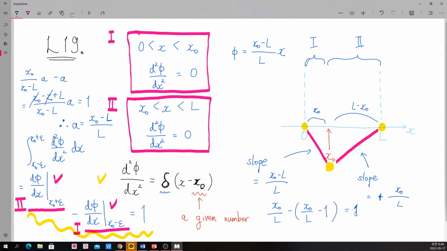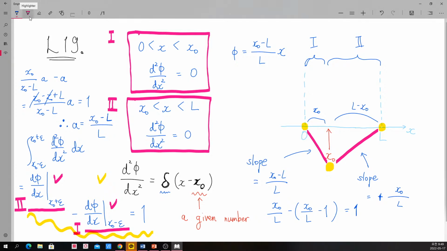Good. So it simply means that this function really satisfies the Poisson equation integrated over a small range around x naught. That is quite good.